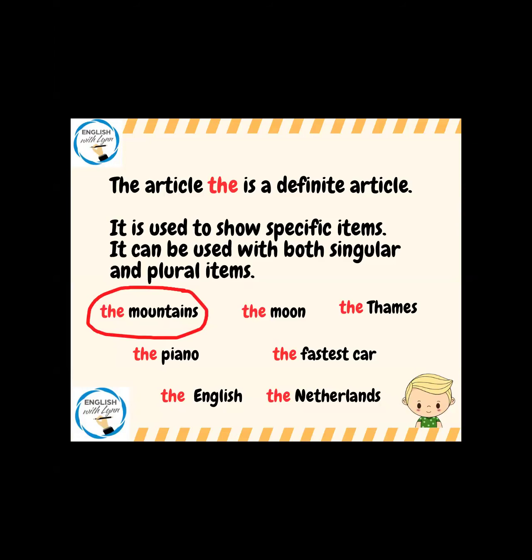So you would use the article the for the mountain, the river, the countryside, the sea, the geographical areas that we use within our language. The moon. So this is for unique things. So the moon, the stars, the earth, you would use the instead of a or an.